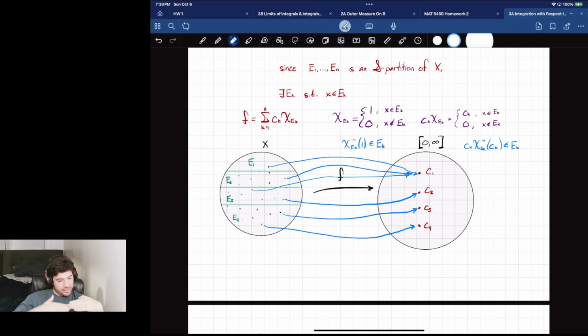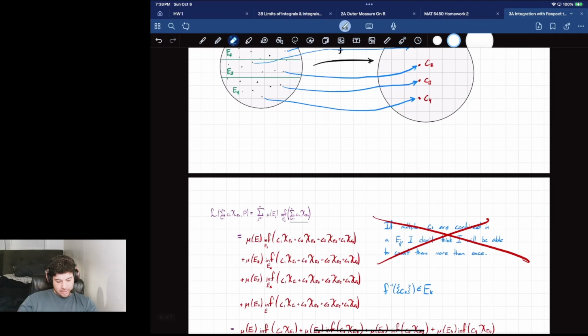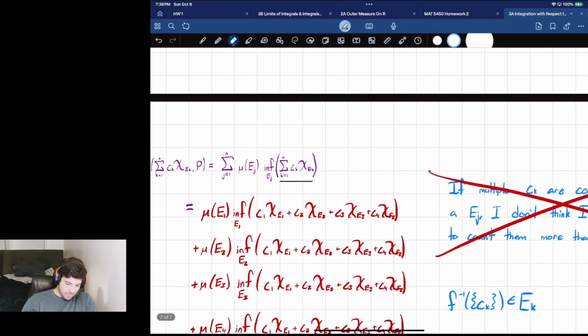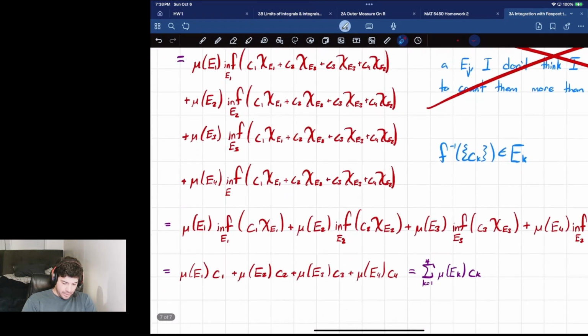And it's possible that you can have E1 and E2 that have the same constant, and that's totally okay, because we're taking the infimum over each disjoint set, and that's only going to select one out of the n functions.